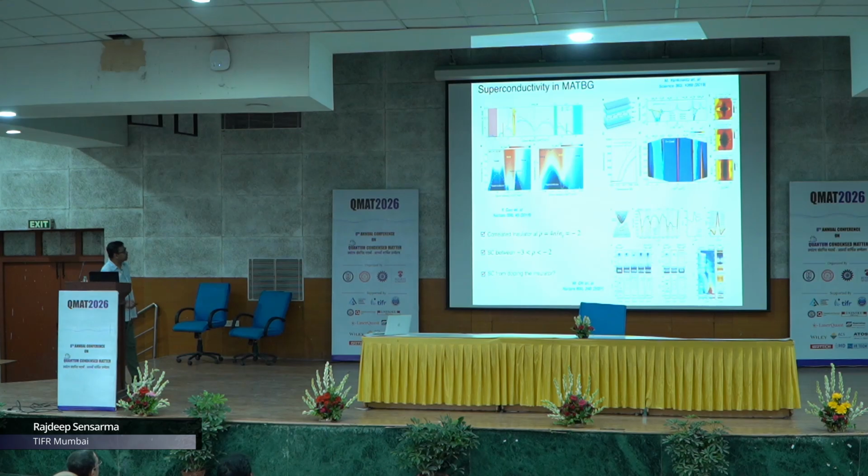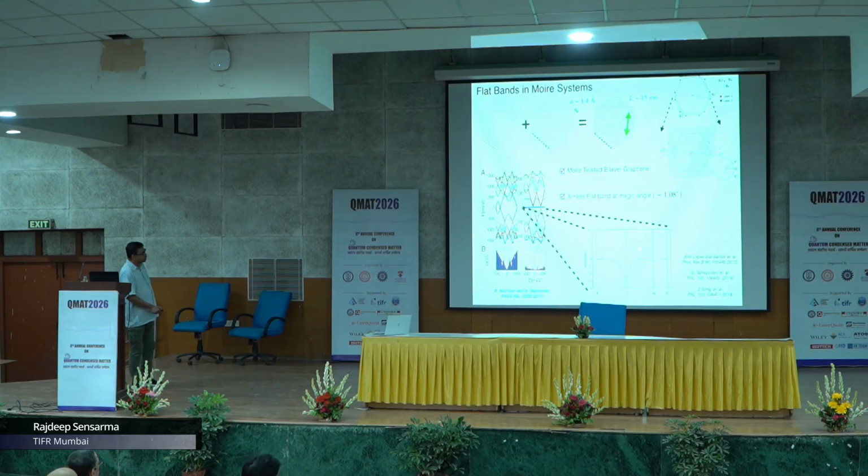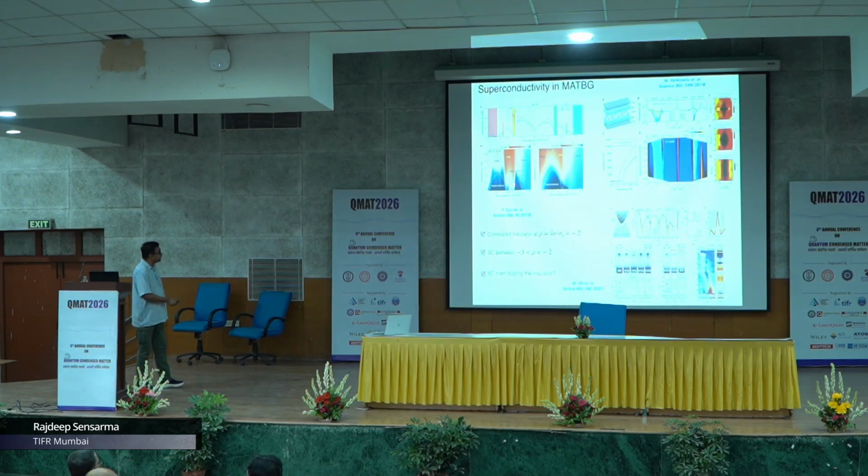And when you go and look at it, you can see many different correlated states. I will focus on only one, which is the superconducting state. So here it is. Each band, as I told you, has a factor of 4. So nu equal to -4 will be emptying out this band. When we look at nu equal to -2, we see some sort of a correlated insulating state.